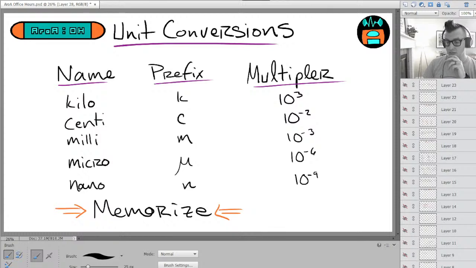Okay, so these are the prefix names. Let's get some practice doing these unit conversions.